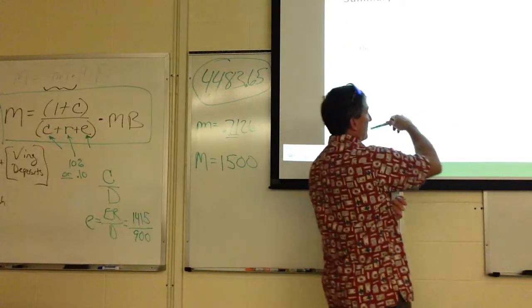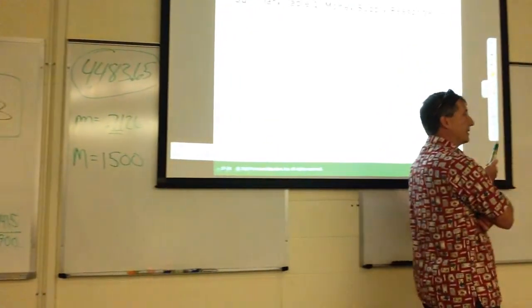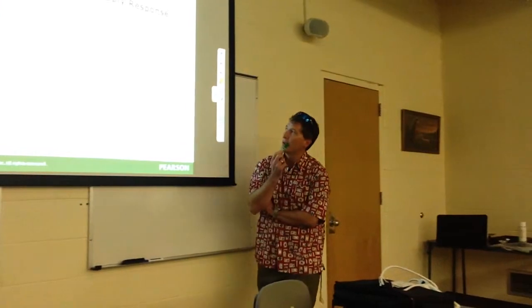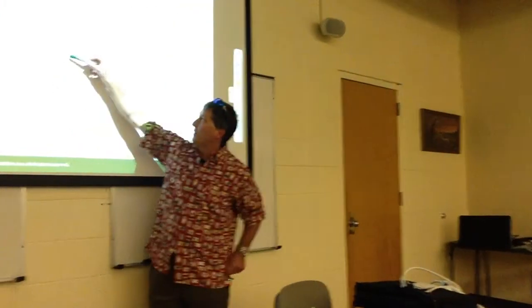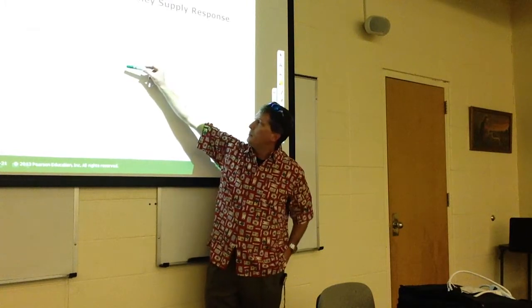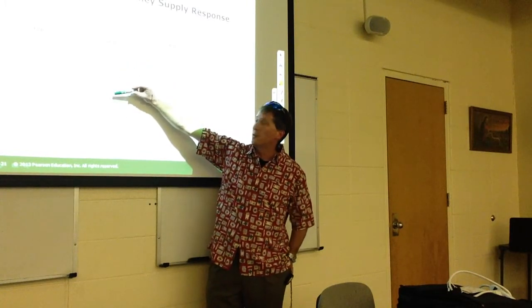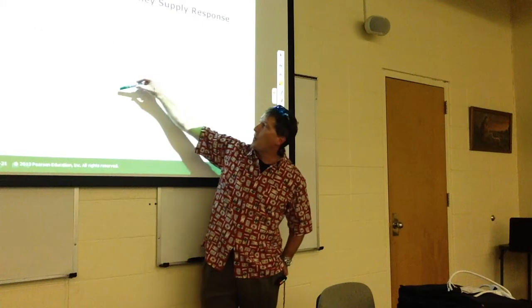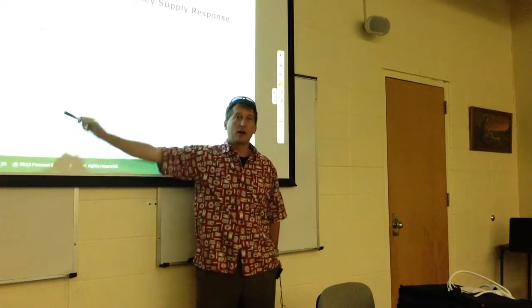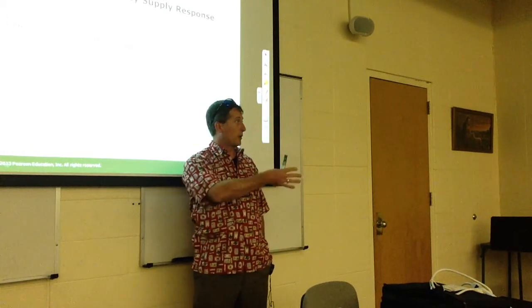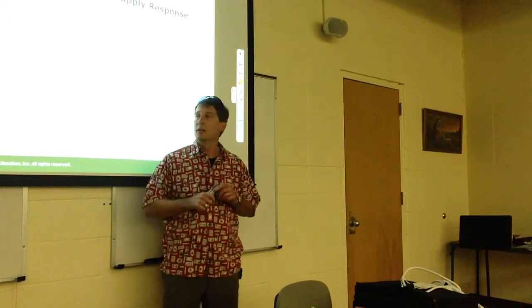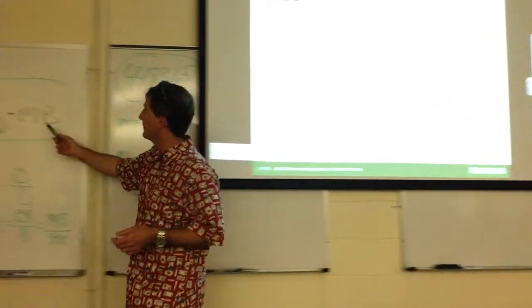Something we're going to roll into the next chapter on is the breakdown of the monetary base in terms of non-borrowed base and borrowed base. Borrowed reserves are money that banks went to the Federal Reserve for and borrowed. Remember that being on the balance sheet? So that is part of MB.